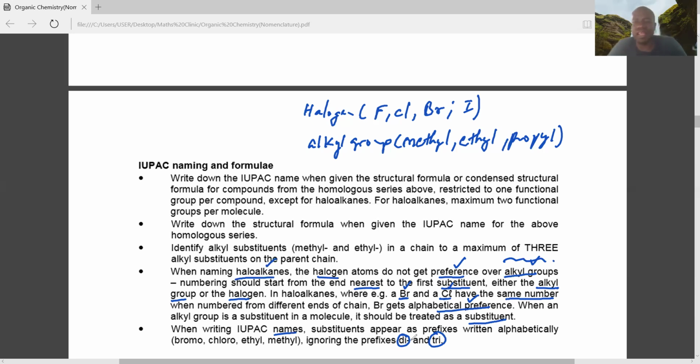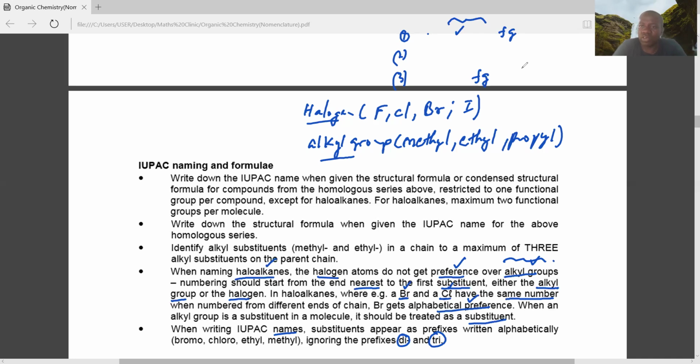So now let's go through the questions. Remember, number one, what did I say? You number the carbon atoms, and you choose the longest chain with the functional group, which is called the parent chain. Then you identify any branch or functional group. When I talk about branch, I'm talking about halogen or alkyl. Then you number the carbon atoms starting from the nearest functional group, followed by branch.